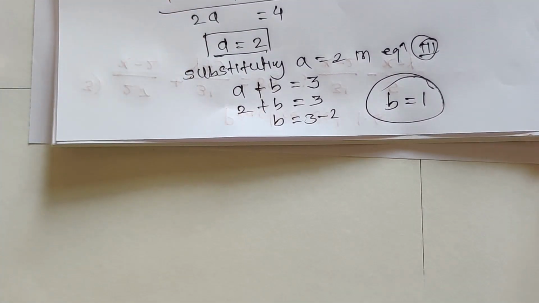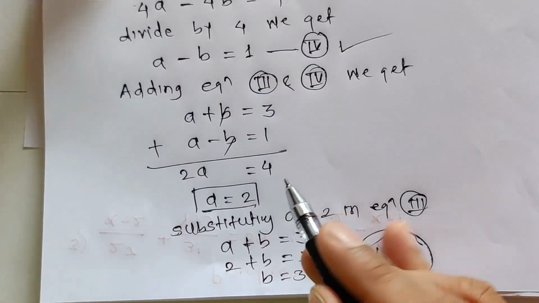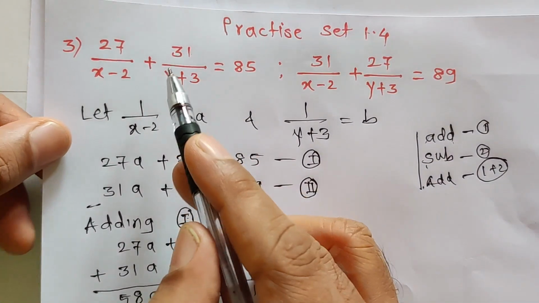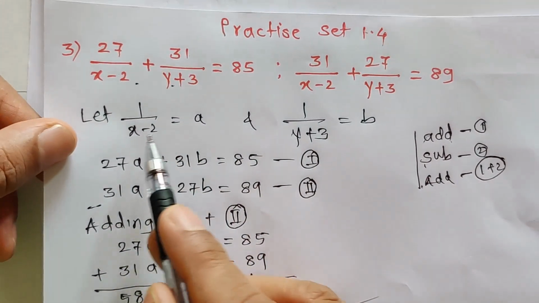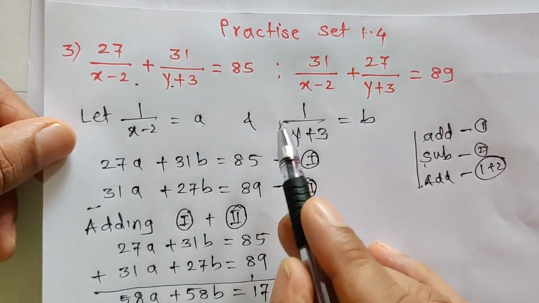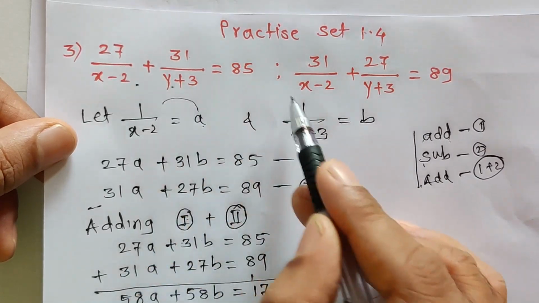So in this way we get the values of a and b, but our equation is in the form of x and y. So again resubstitute the value of a and b. Remember, don't forget to resubstitute the value.